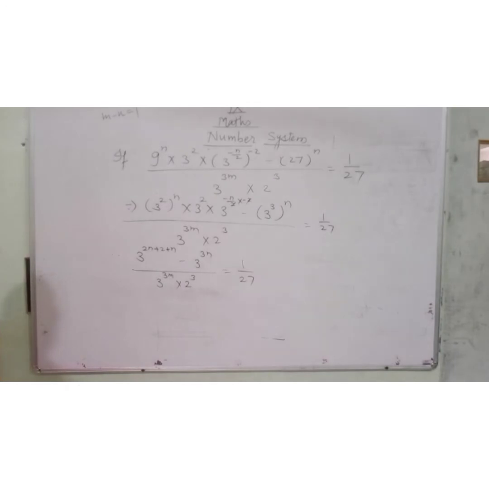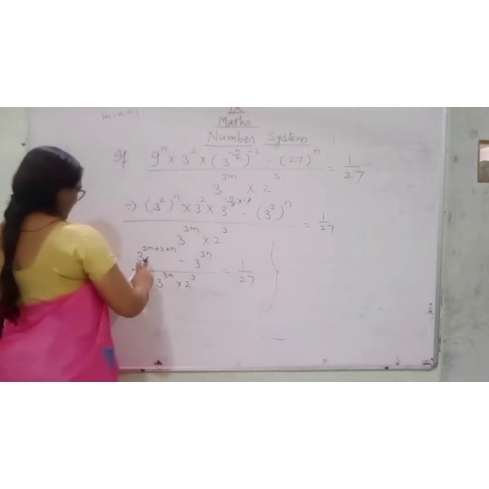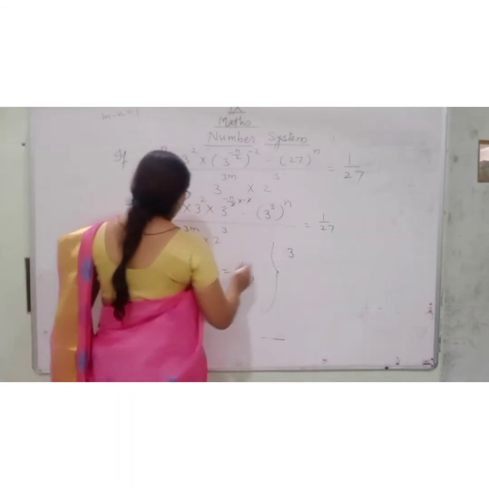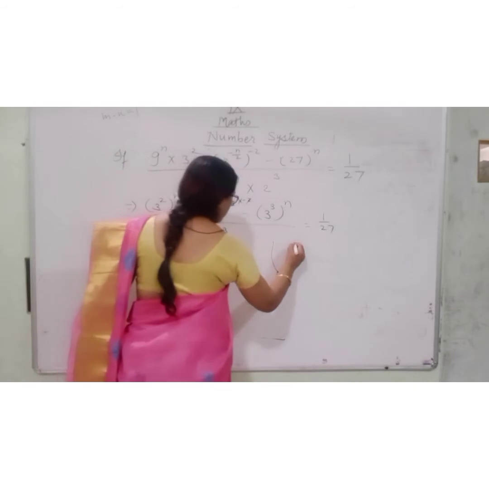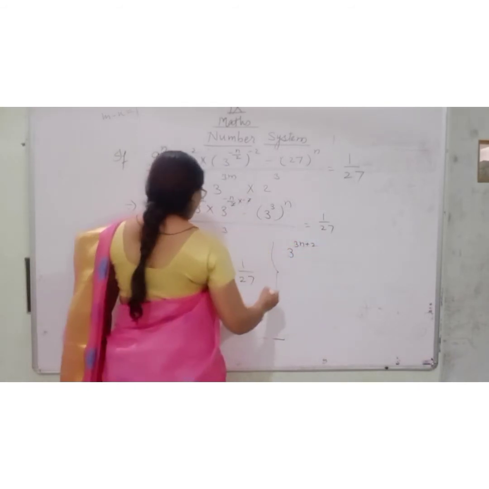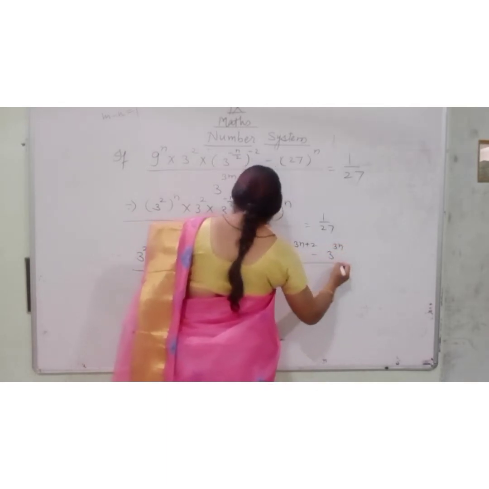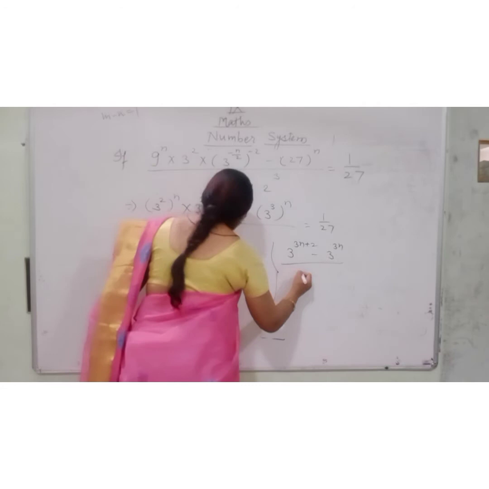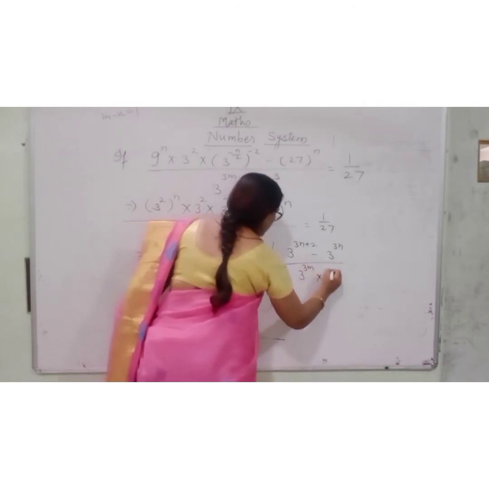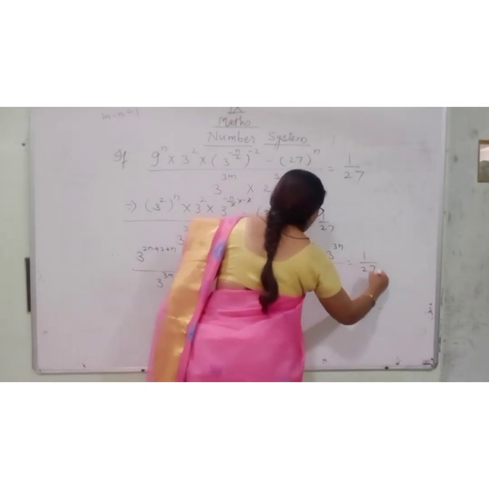Okay. Now take the addition here. 2n plus n is 3n. So 3 raised to the power 3n plus 2 minus 3 raised to the power 3n divided by 3 raised to the power 3n multiplied by 2 raised to the power 3 is equal to 1 upon 27.